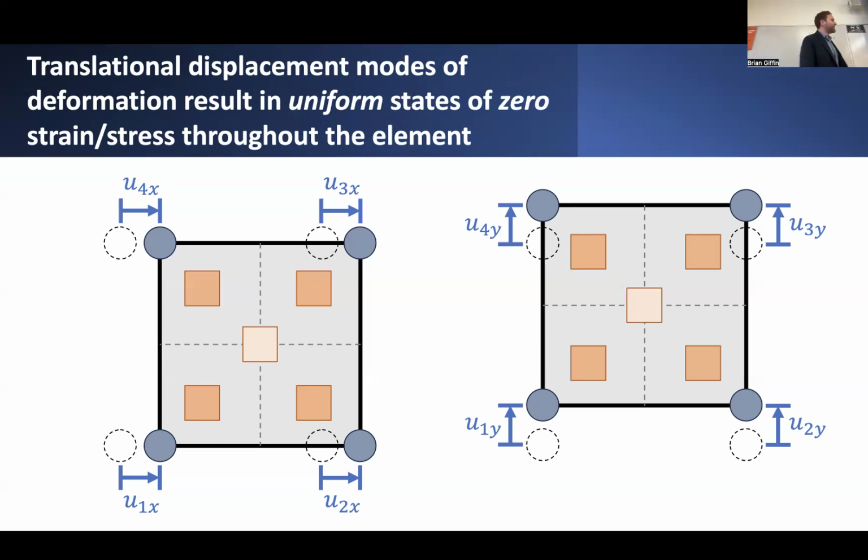So what happens if we take all the nodes and uniformly displace them by the same amount, either in the x direction or the y direction? Now, it should be pretty clear what should happen. All the nodes displace. Tell me, what's the strain at this integration point?